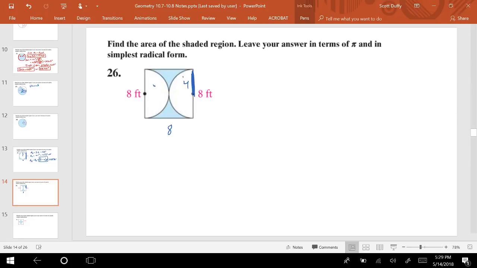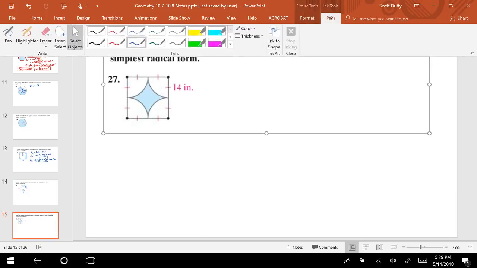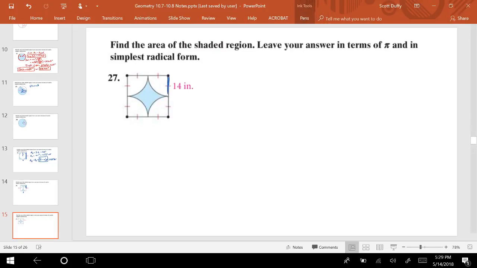And these two half circles create a full circle. 27 done the same way. Realize that they gave us a length right here of 14, which means that the whole length of the square is double that.